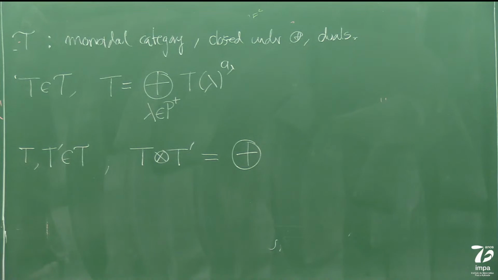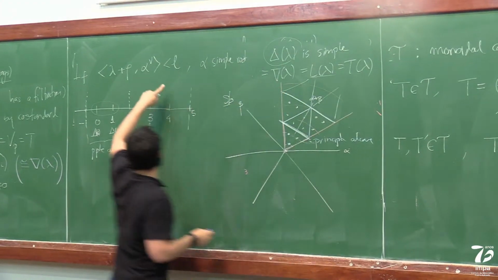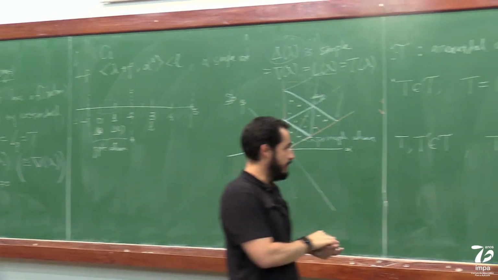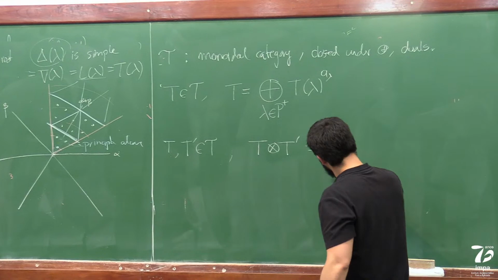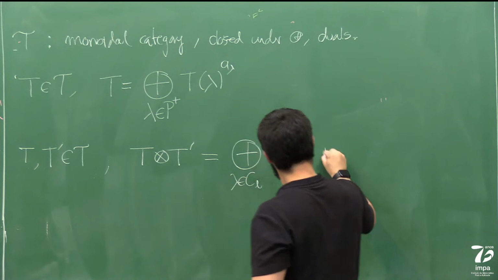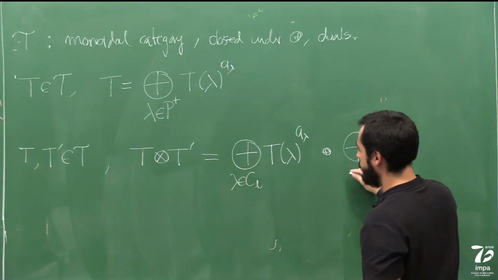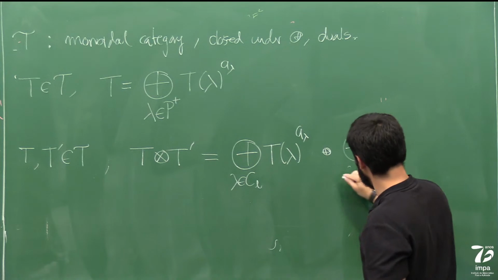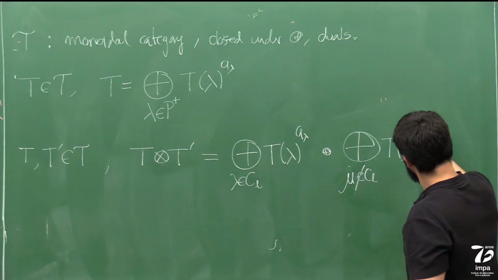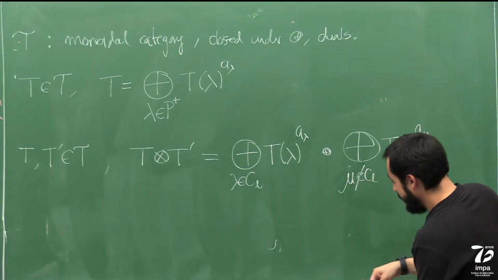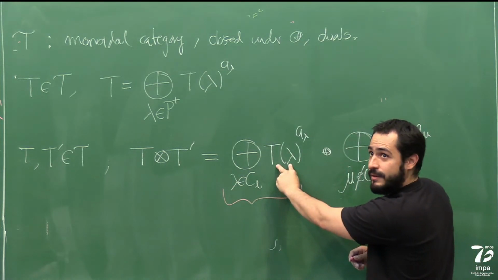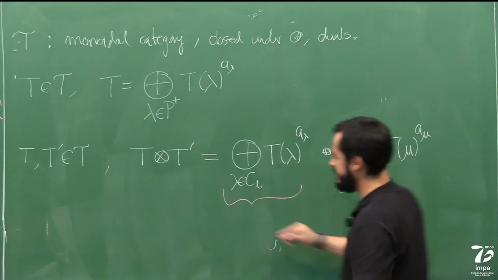Let's call the region of the principal alcove C sub L. So you can think of a part in C sub L plus the rest of the decomposition, call it mu, which is not in C sub L. This part, because all these guys belong to the principal alcove, they are simple modules, so this is a semi-simple part.